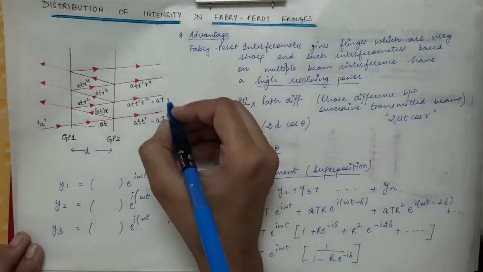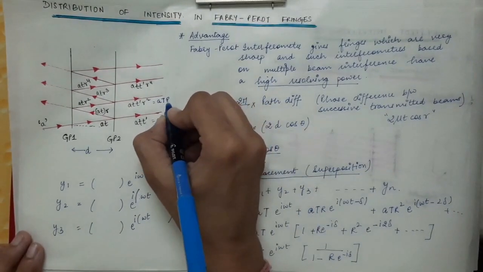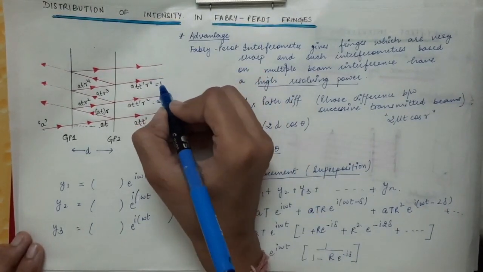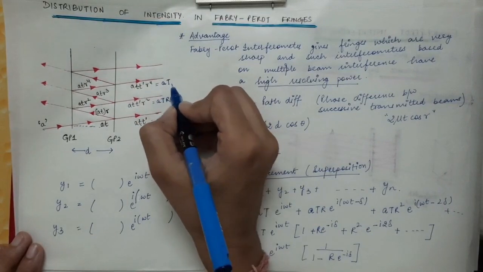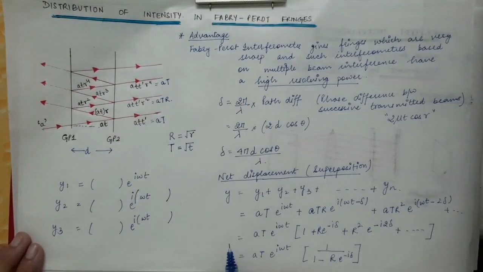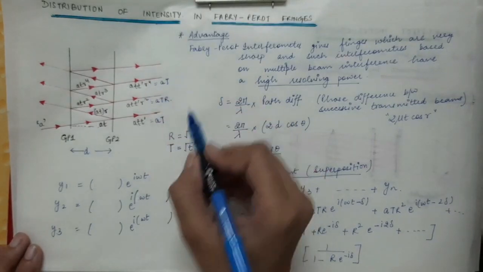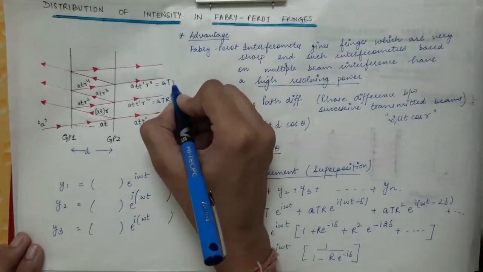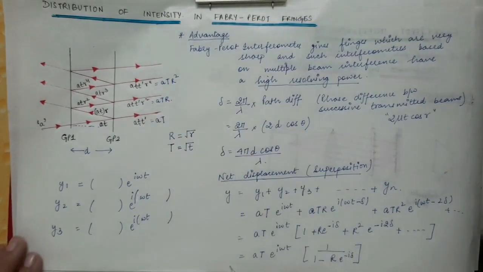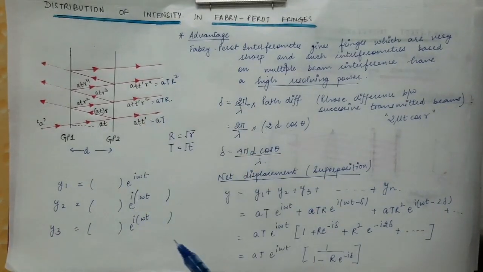So r square is nothing but capital R. Then the amplitude of the third ray will be equal to A into capital T, times r power 4. So r power 4 will be equal to R square, and so on. So we will get the amplitudes of every transmitted ray.